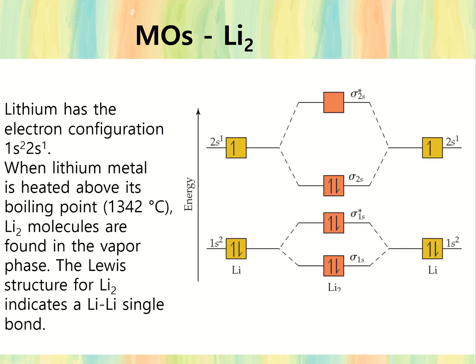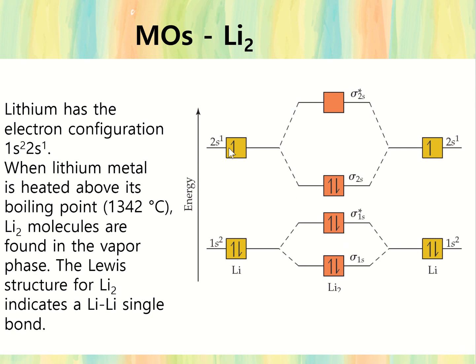Here we have a total of 4 electrons. 2 in here, 2 and 2 gives us 4. So we have 2 electrons going in the bonding molecular orbital, and then we have 2 electrons going in the non-bonding molecular orbital.